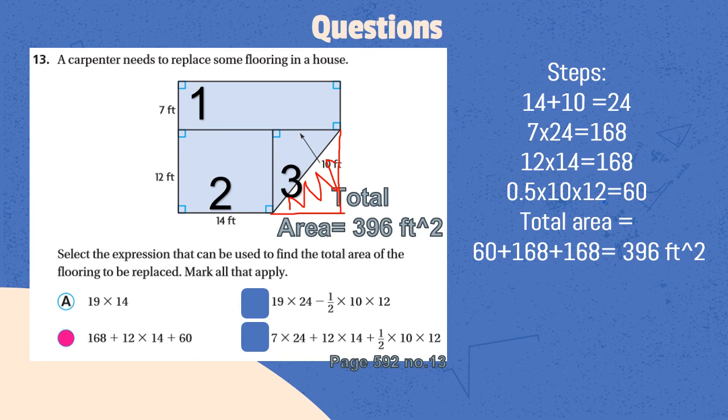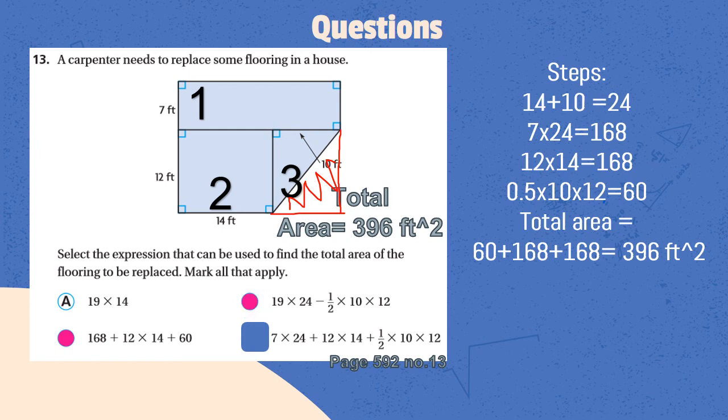It's as if he added the imaginary part. So 19 times 24 means I had this big rectangle, the huge rectangle outside, and then I subtracted this area. And this is correct. This area I just highlighted is correct as well. I can do that. This is a correct answer.